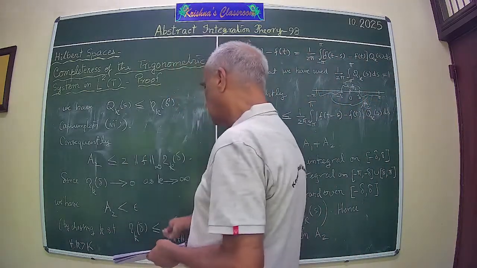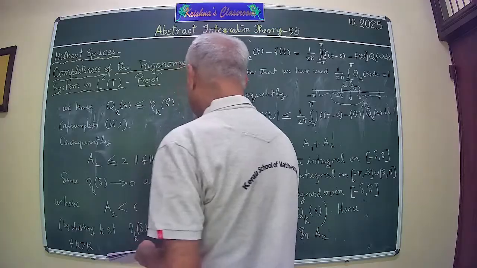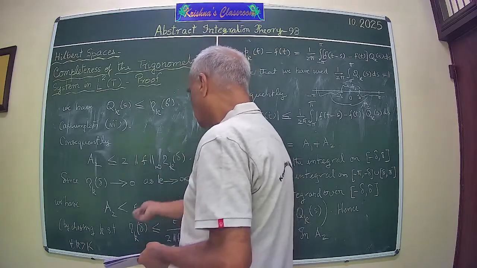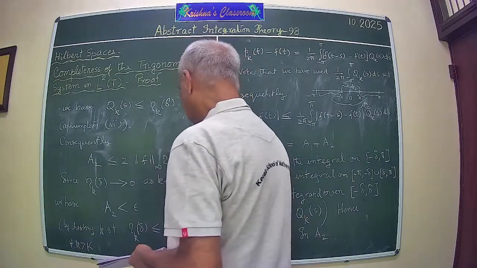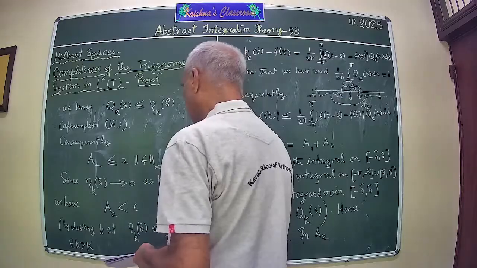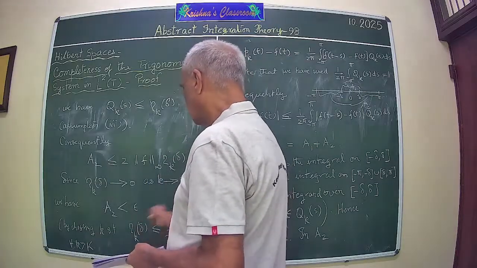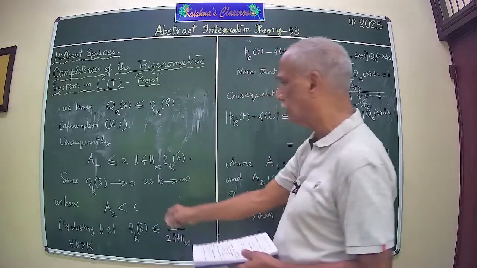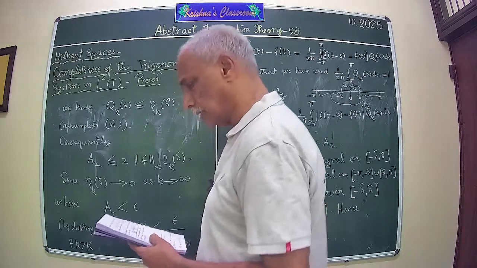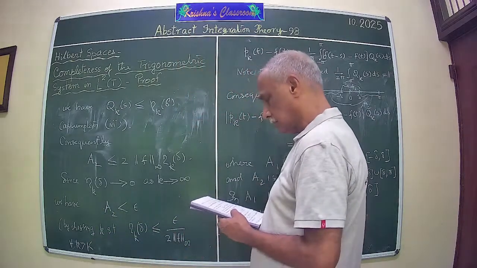This is possible because you have eta k going to 0. So if you choose k sufficiently large so that this is less than epsilon, so that you get A2 is also less than epsilon. Okay.